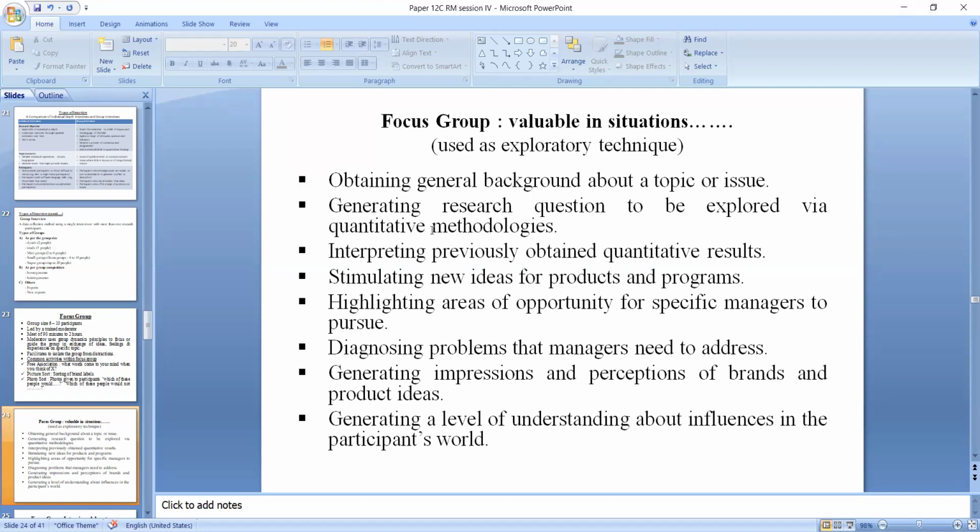The meaning is that, suppose you want to do research on a particular topic for an issue in your company.